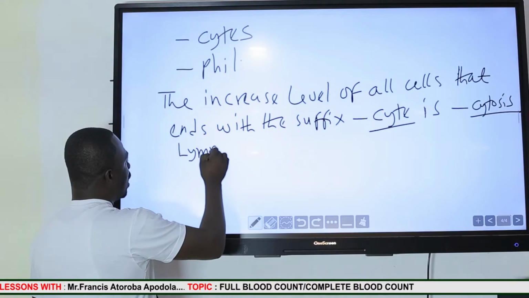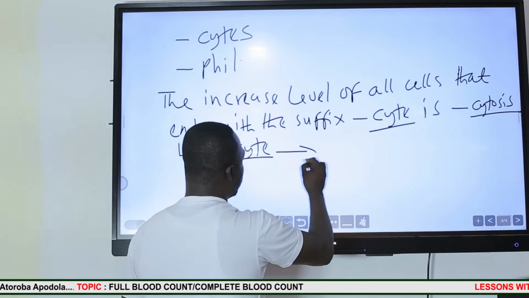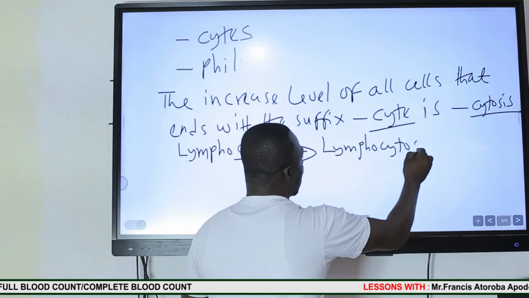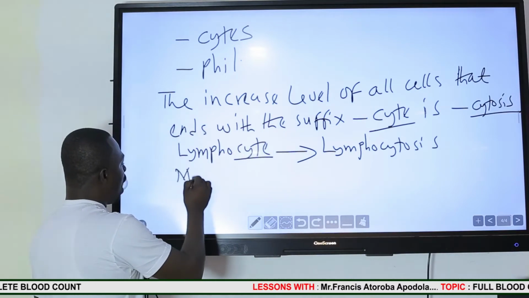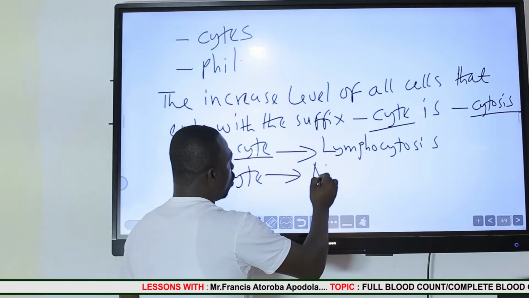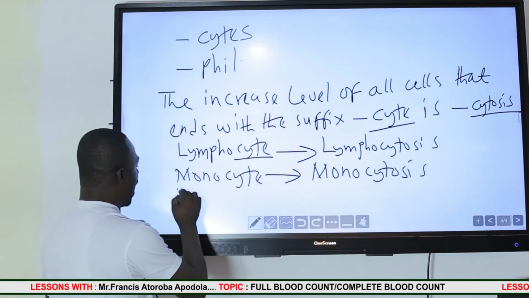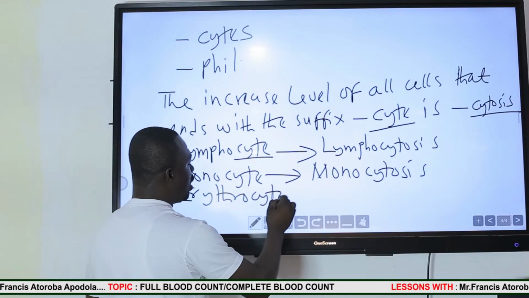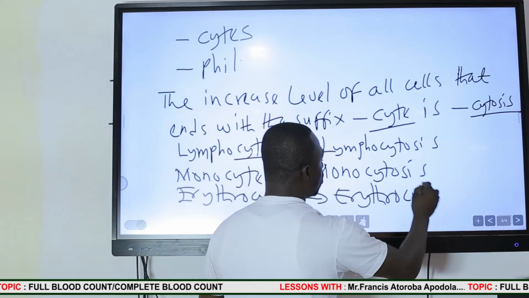So when we take lymphocytes, the suffix is cyte, and the increased level of lymphocytes will be called lymphocytosis. When I take monocyte, the increased level will be called monocytosis. When I take erythrocytes, the increased level of erythrocytes will be called erythrocytosis.